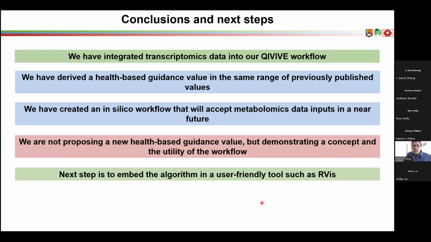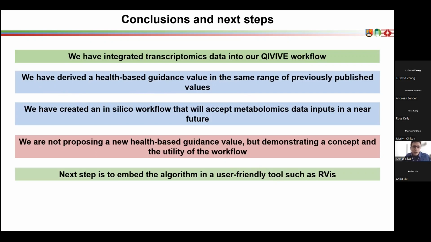So as conclusions and next steps, I'd like to emphasize that we have integrated transcriptomics data into our quantitative in vitro to in vivo workflow. We have derived a health-based guidance value in the same range of previously published values. We have also created an in silico workflow that will accept metabolomics data inputs in the near future.